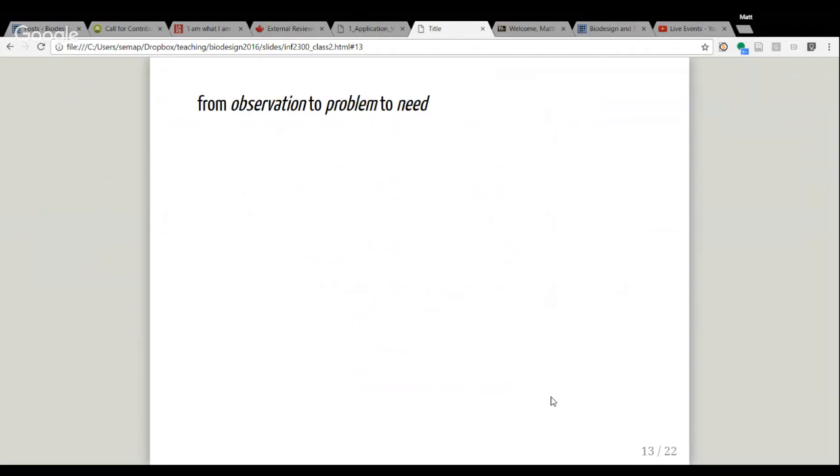Ultimately, the process that we're going to be carrying out in the first couple of weeks of the class is really about moving from observation to defining problems to characterizing those problems as the needs of particular individuals, both clinicians on one hand and patients on the other.